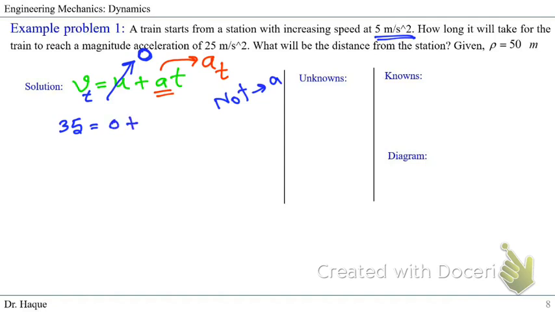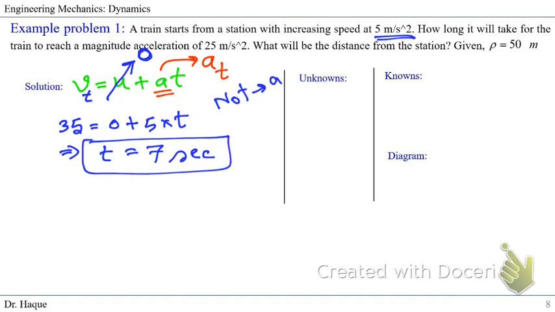So 0 plus 5 multiplied by t. Now we can easily solve for t, which is 7 seconds. So it's pretty easy to solve. The only thing you have to be careful about is that you don't take the magnitude A to put it here, but just the tangential component AT.